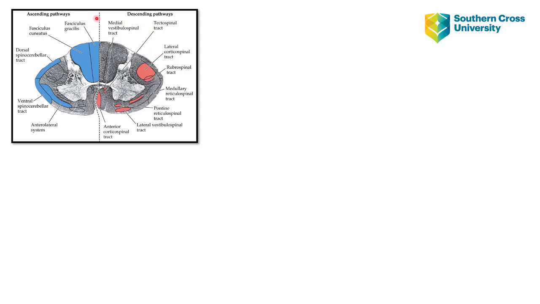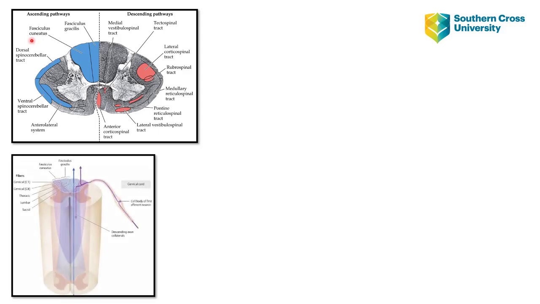Some important structures in terms of ascending pathways, we have our fasciculus cuneatus and fasciculus gracilis depicted in this picture underneath. It's showing that those large sensory fibers, our proprioceptors, the larger diameter type 1A and type 2 fibers, are coming into the spinal cord via the dorsal root, and they basically jump in and travel up the spinal cord in that dorsal column.